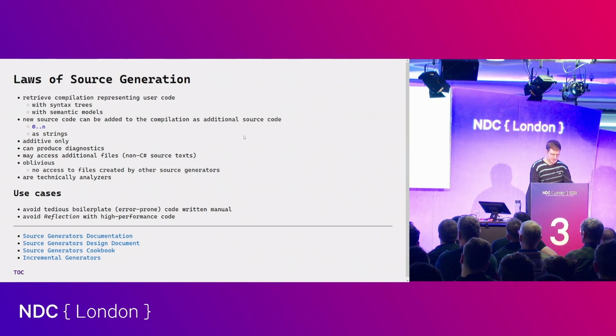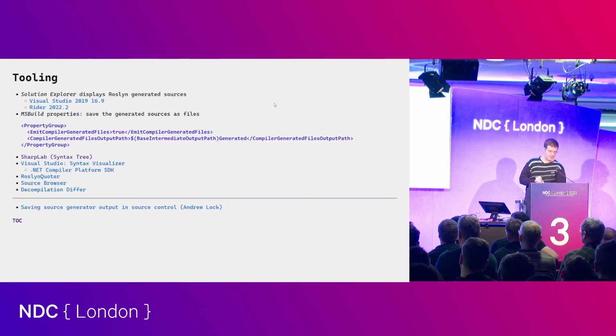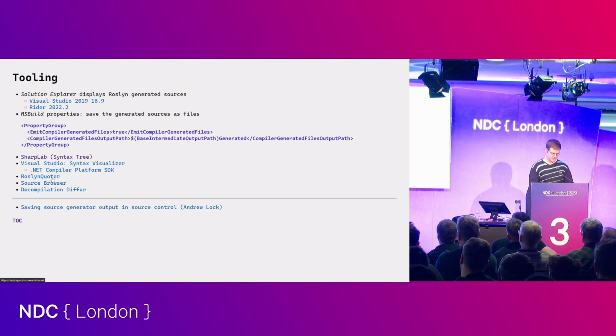And I mentioned the typical use cases already. So tooling that I like to use, for example, is SharpLab, where you can have a look at a syntax tree. Visual Studio has a similar representation via the Visual Studio Syntax Analyzer. And there's also the Roslyn Quoter that I want to have a brief look at.